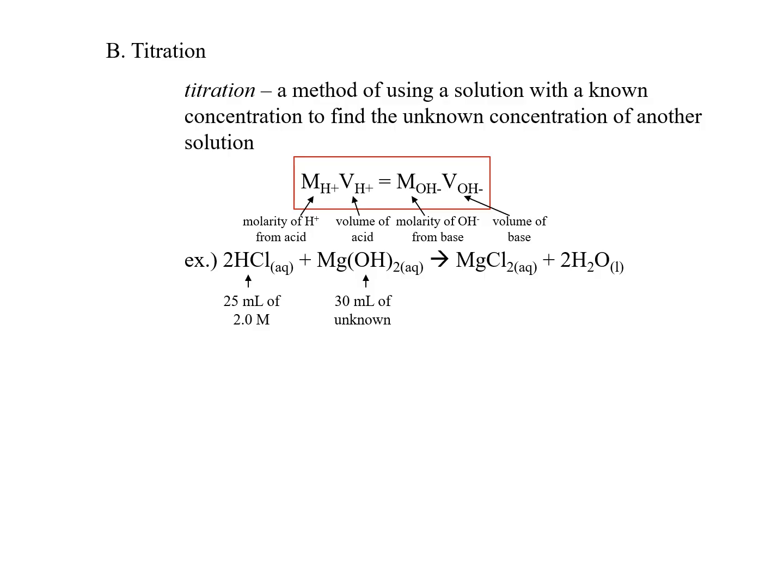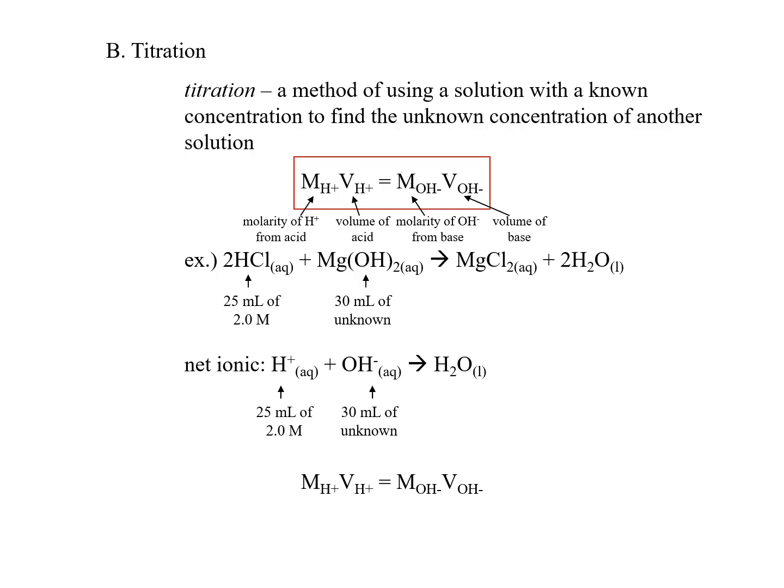I know the volume of the OH negatives, that's the 30 milliliters, but I don't know what the molarity is. And so I have one thing that I don't know out of the 4, so I'm going to plug in some numbers here. By the way, don't forget this net ionic equation would simply be H positives and OH negatives. Doesn't matter how many Mg's or Cl's we have. They don't do anything.